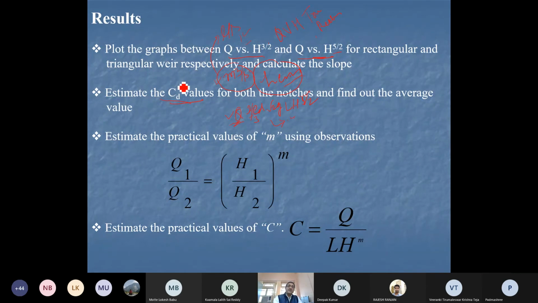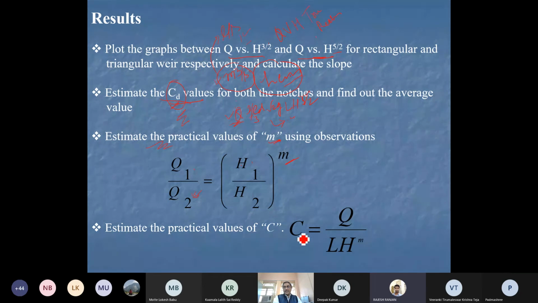So you can estimate the value of CD for each observation and then average out to find the average value of coefficient of discharge. Then for the practical value of M, you can use the subsequent relationship, discharge observed at different times with different heads H1 and H2, and you can find out the value of M here.